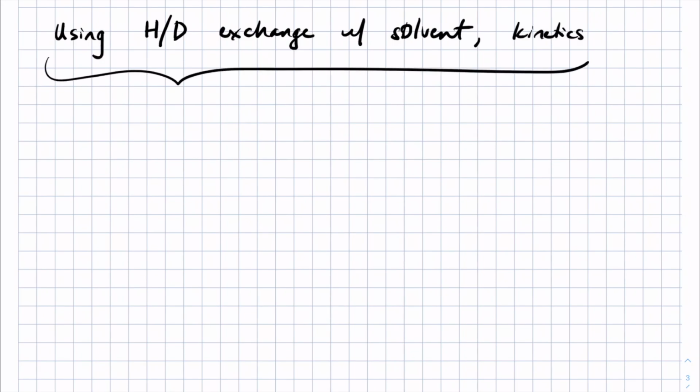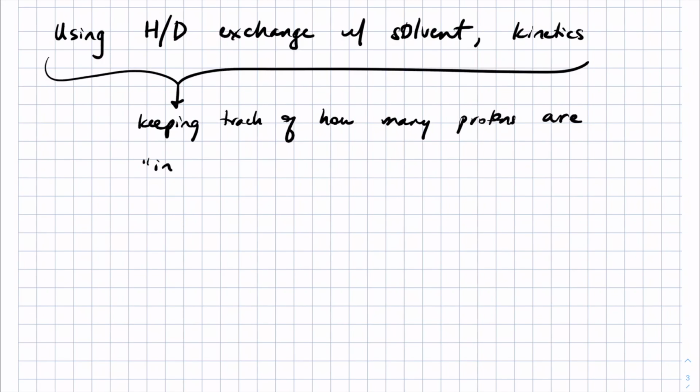We'll do all of these things with the goal of keeping track of how many protons are in flight or participating or moving in the rate determining step of a reaction.